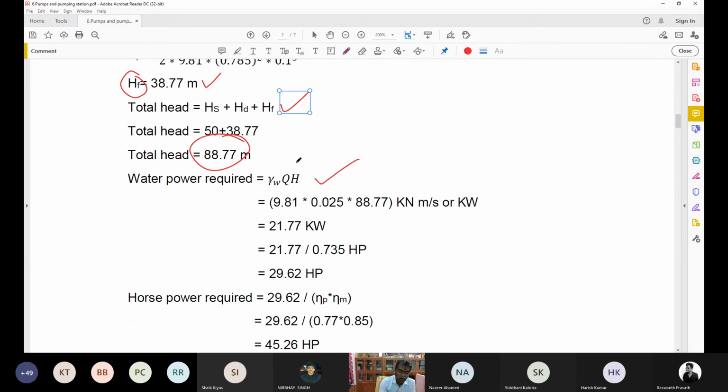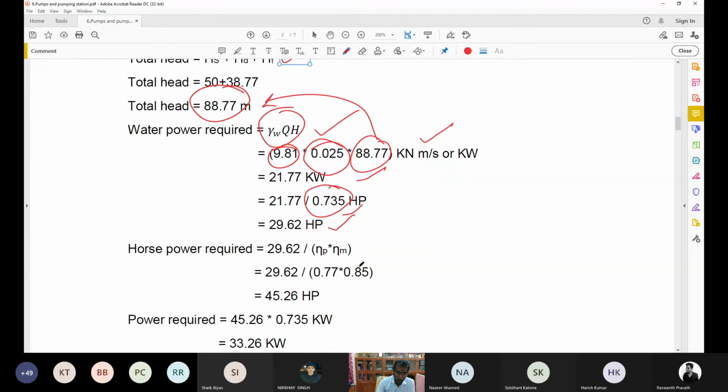And this water power we are already familiar with, gamma W into Q into H. Gamma W is 9.81 kilonewton per meter cube, and Q in terms of meter cube per second. With H given, you get 21.77 kilowatts. If you want to convert into water horsepower, you divide by 0.735 and get 29.62 HP.